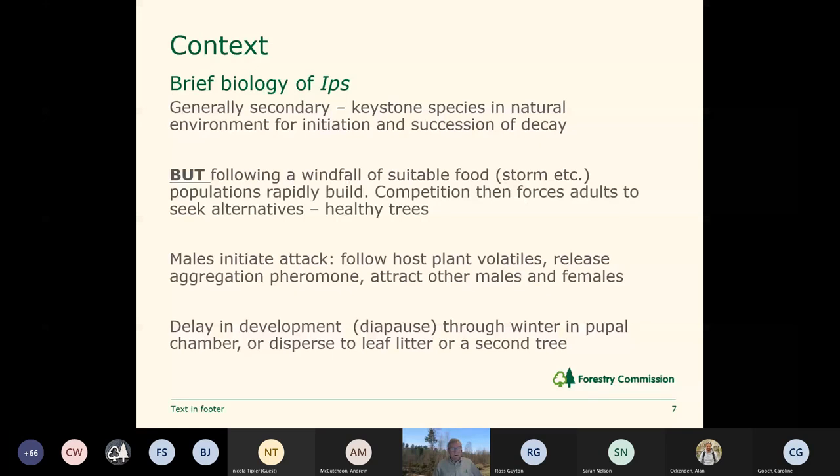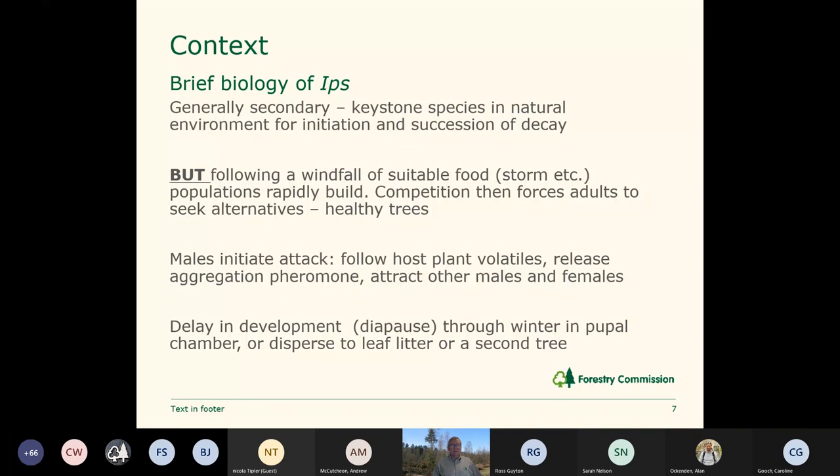My entomologist colleagues suggest it's a pretty lazy beetle, so it won't often make efforts to go very far, or the majority of the population won't. So crawling down into a nice leaf litter layer is very appealing and very easy, and that has implications for how we manage and consider any infestations.